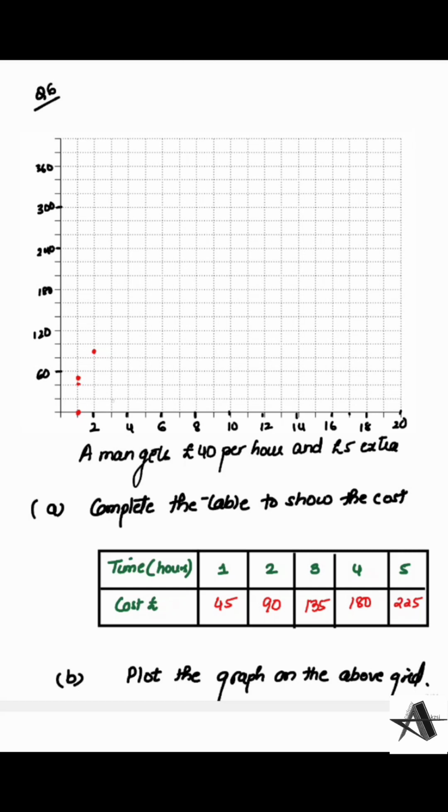For 3 hours, 135 would be here somewhere. For 4 hours, 180 here. For 5 hours, 225. It would be here, somehow, you can say. Now, we need to join them together to get the answer.